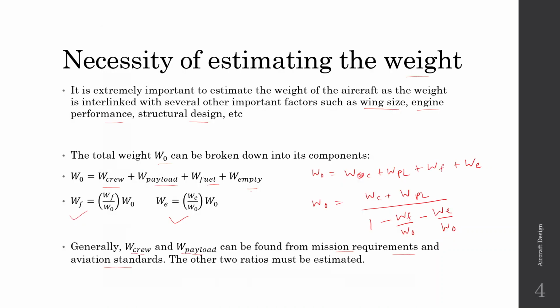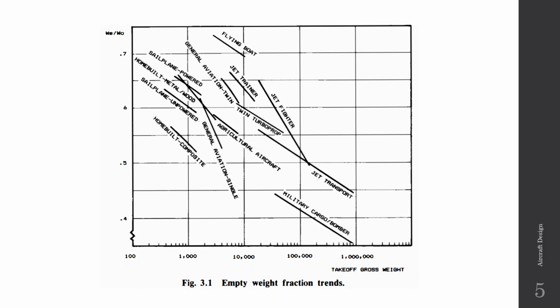So in this PPT I have given some reference diagrams and tables from Raymer's book. Okay, this is a chart of WE by W naught, with W naught on the x-axis and WE by W naught on the y-axis.